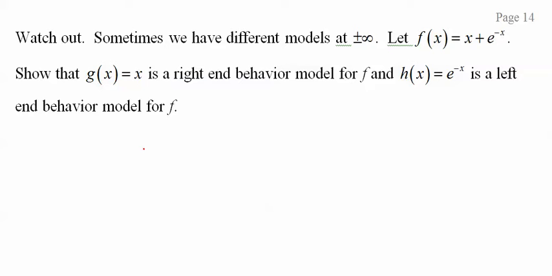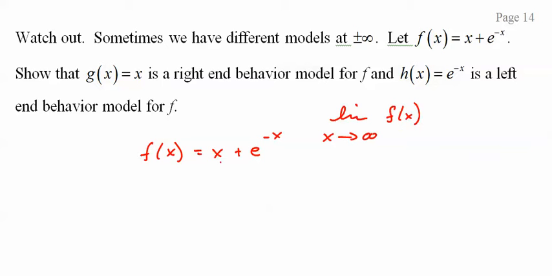What's going on with f of x equals x plus e to the negative x? Well, the limit as x gets really big of f of x gets dominated by x, because e to the negative 10,000 is basically 0. So it just becomes x. And the limit as x approaches negative infinity of f of x basically becomes e to the negative x.